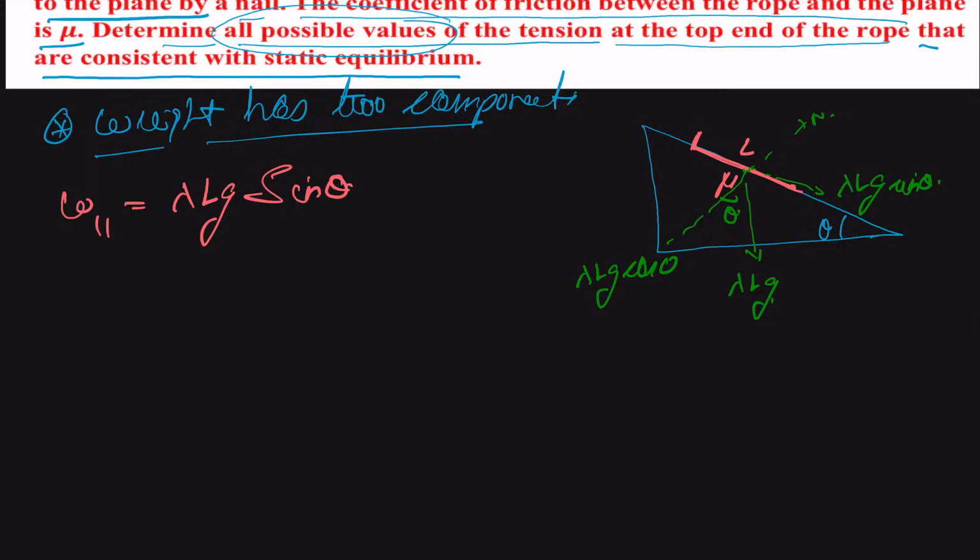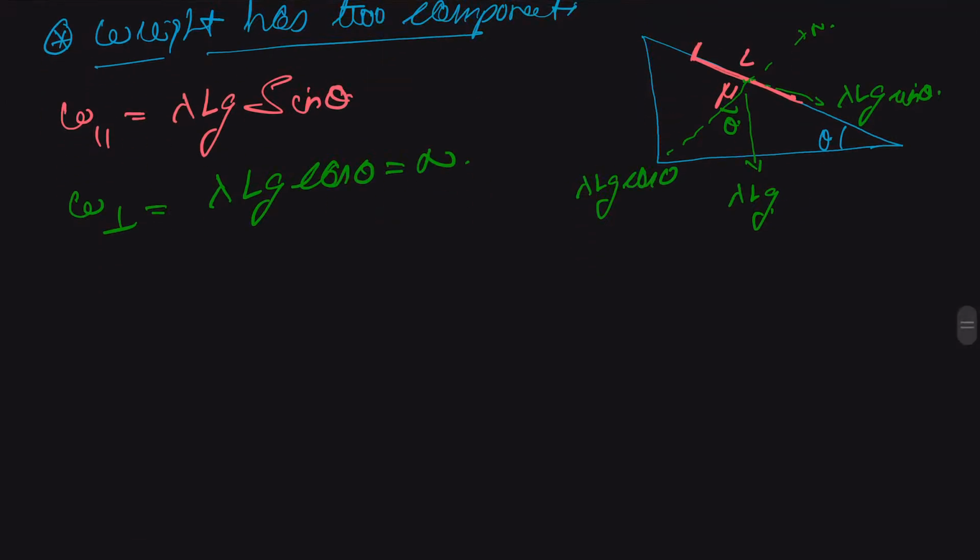The other component is the perpendicular one, W perpendicular, which is lambda L g cos of theta, and that is also equal to the normal. And we know that the friction can be either acting down the inclined plane or up the inclined plane. These are the two options only.